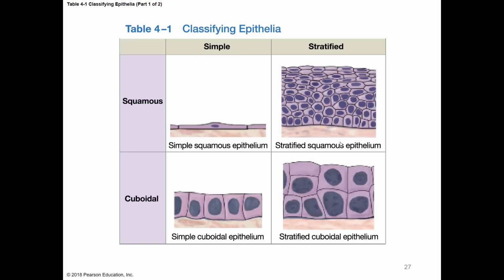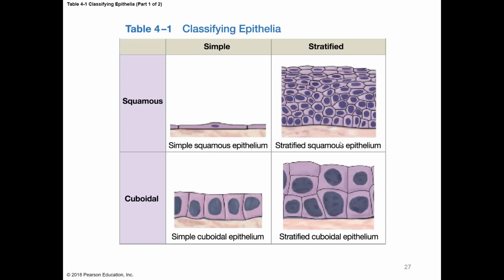But it isn't just the outside. What about the lining of the nasal cavity? Can you reach it? Yeah, you could. So that needs to be stratified. What about the ear canal or the surface of the tongue? Stratified. Same thing with the urethra. That would also need to be stratified. It's close to the outside.